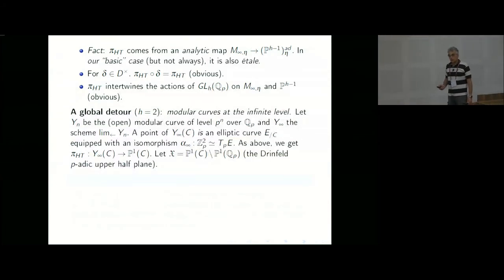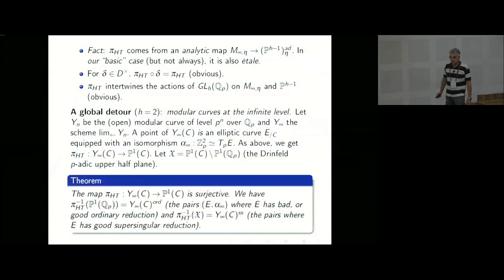Okay, so here's a theorem. The map now from Y_infinity over C, from the full modular curve at the infinite level, to P^1_C is surjective. If you look at the Q_p points of P^1_C, remember that P^1_C is canonically P^1, so it makes sense actually to look at Q_p points of it.